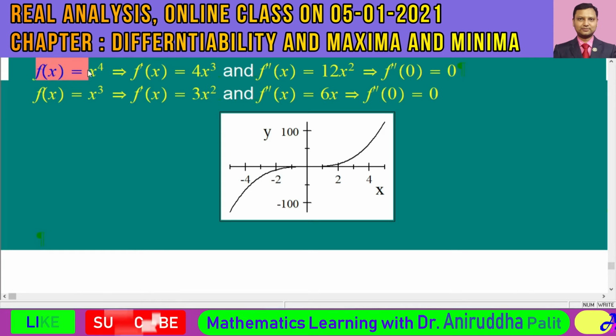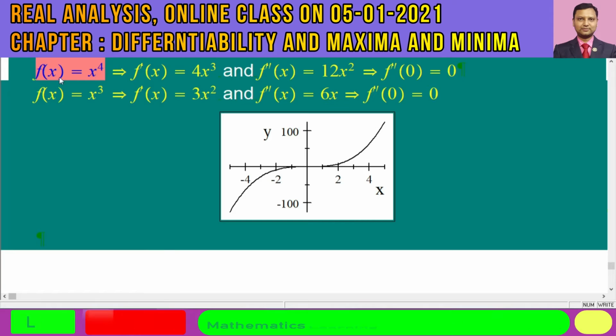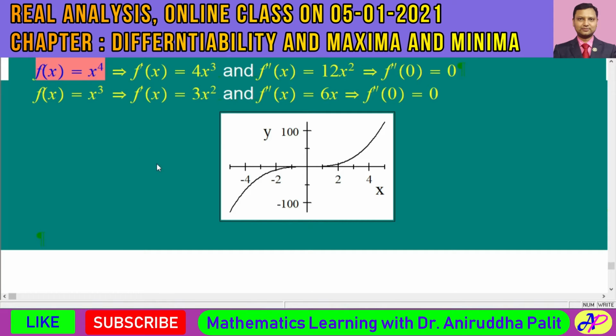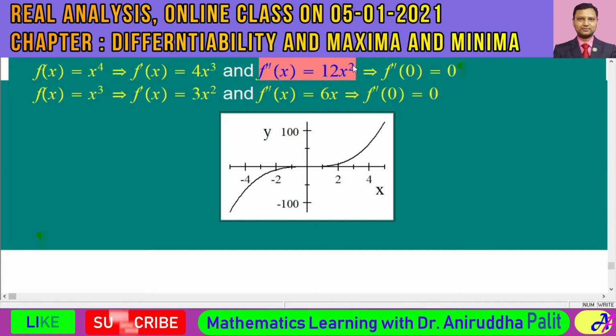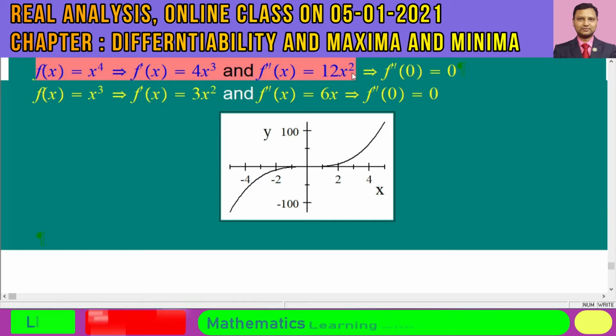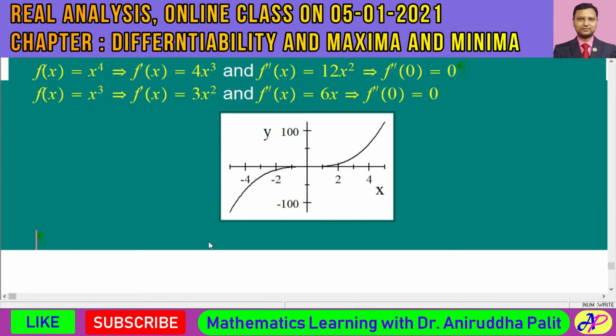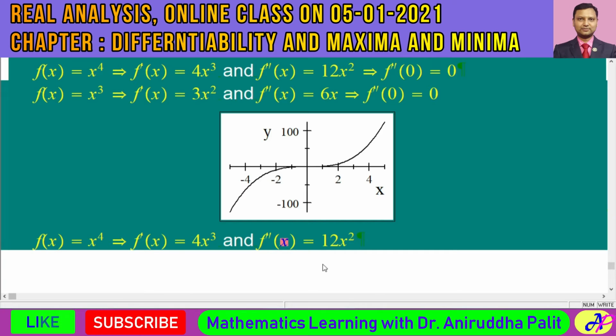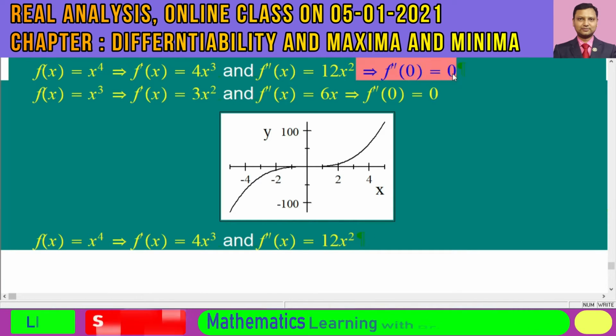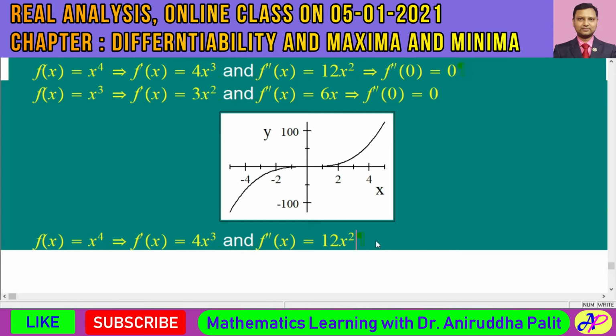Let me show you by these two examples. Let me first consider the example of x to the power of 4. Y is equal to x to the power of 4, f of x is equal to x to the power of 4. We have the result f double dash x is equal to 12x square, and it gives us that f double dash 0 is equal to 0. Fine.